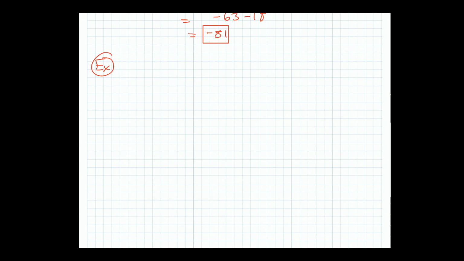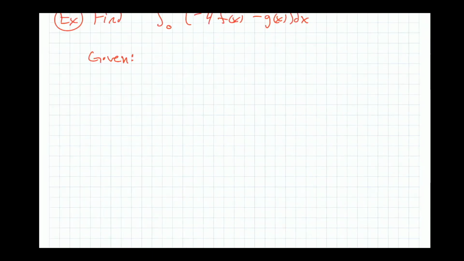So let's see. We want to find the integral from 0 to 2 again for some reason of negative 4 f of x minus g of x dx, given, and again they're going to give us a whole bunch of stuff. We only need 2 of them. They tell me 0 to 17, you can probably already see we don't need that, but it's negative 7.